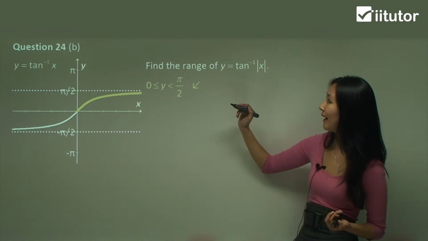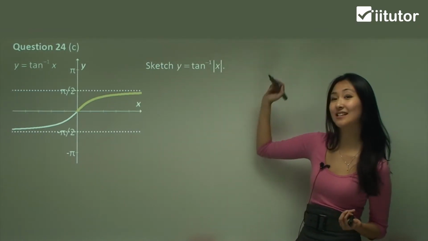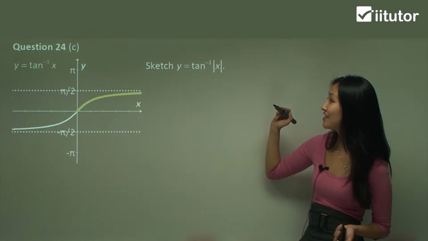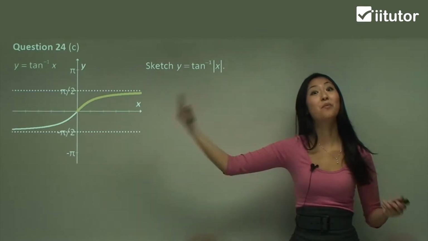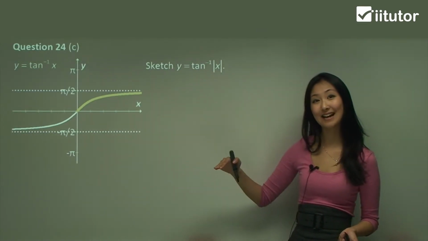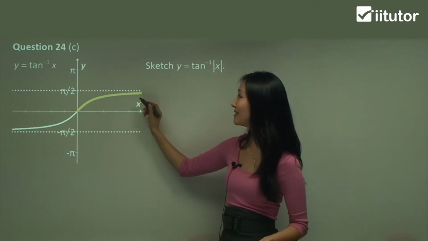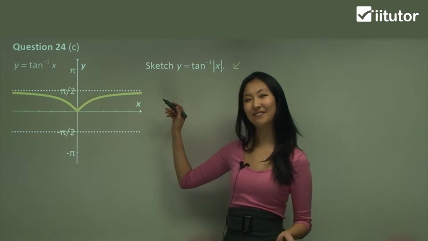So now we've worked that out, I want us to sketch this function now. So sketching that, remember absolute value of x means it's reflected in the y-axis, whereas the absolute value of y means it's reflected in the x-axis. So we can just sketch this, but reflected in the y-axis, so it looks like that.